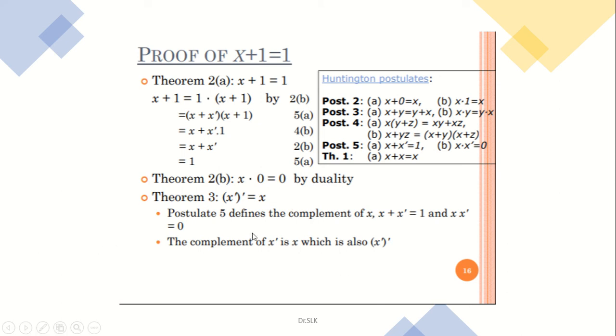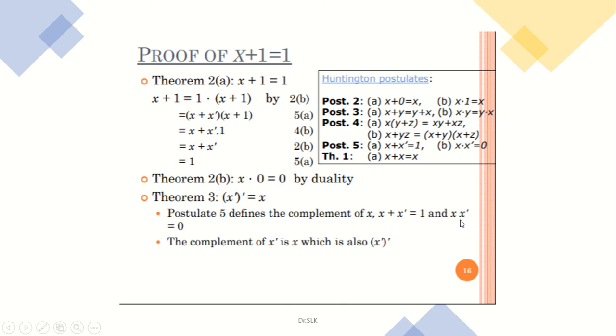Postulate number 5 defines the complement of x, so that is x plus x dash equal to 1 and x into x dash equal to 0. Under any arithmetic operation, for example an addition operation, when a number x is added with its inverse, it should give the identity element.